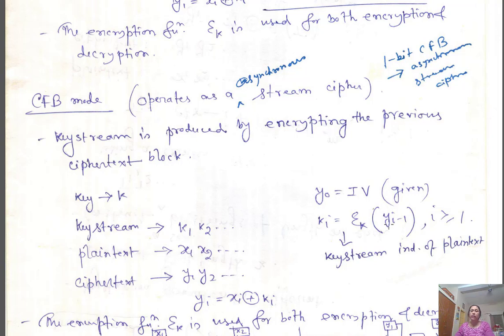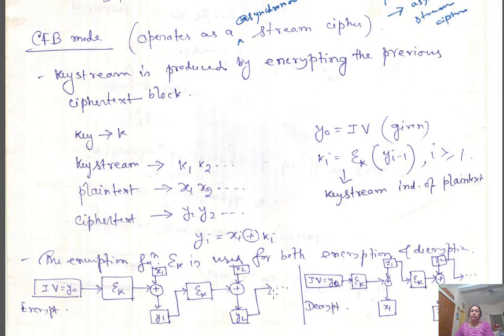You encrypt Y0 and you get K1. That K1 you XOR with X1, you get Y1. That Y1 again you encrypt to get K2. K2 and X2 you XOR, you get Y2. Whenever you get Y2, you again encrypt it, you get K3. Then K3 and X3 you XOR.